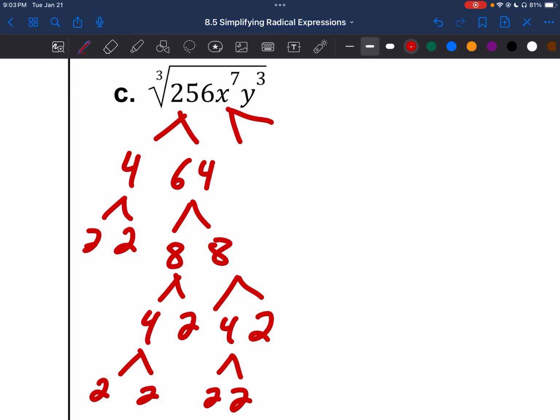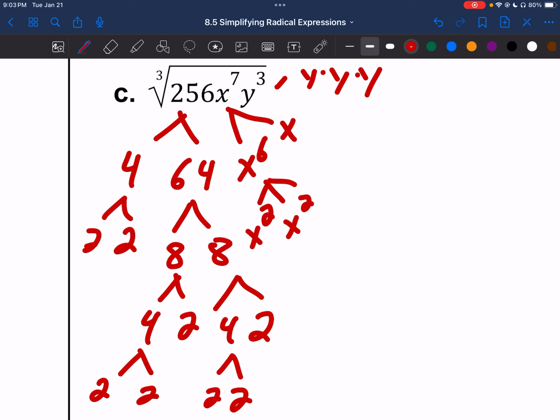Now, x to the 6th and x to the 1st is going to be the simplification there, and y to the 3rd is going to be y times y times y. X to the 6th, well, we need groups of 3, so if it was square root, we divided it by 2. Cube root, we're going to divide by 3, and so it's going to be x squared, x squared, x squared.